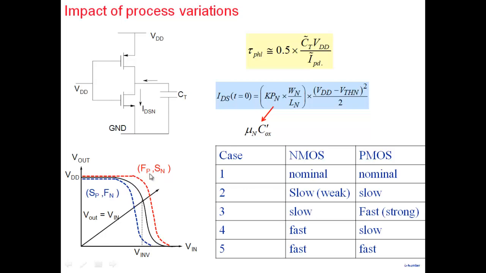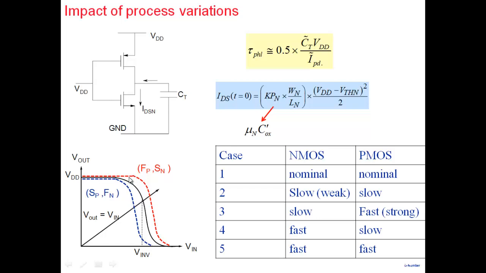If we look at a fast PMOS and a slow NMOS, fast PMOS means a strong PMOS and a weak NMOS. Remember, what the PMOS does is it tries to maintain the output voltage at VDD. It provides a connection to VDD. When I have a fast or strong PMOS, it tries to keep the output close to VDD for as long as it can.